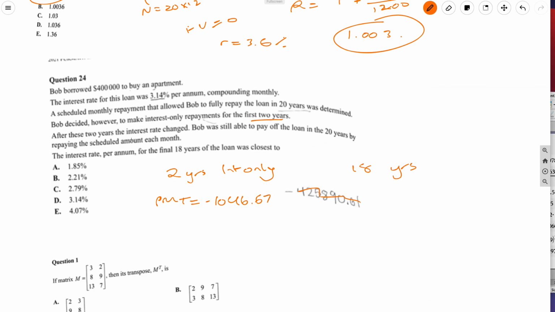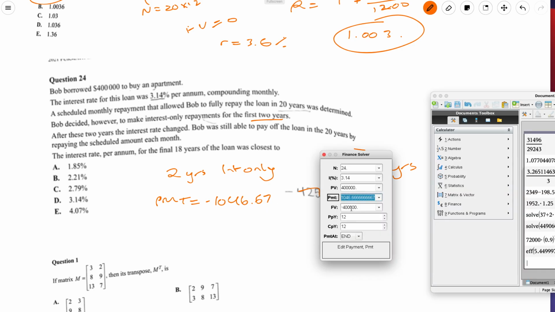And then after that, it says after these 2 years, the interest rate is different. Bob was still able to pay off the loan in the 20 years by repaying the scheduled amount each month. So the interest rate was what? So basically, if we've only got one scheduled amount, that was 1,046. He was able to pay off his loan with this every month. So we can keep that in the PMT, right?